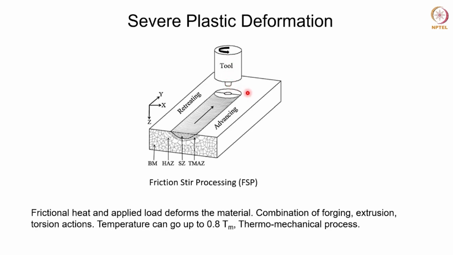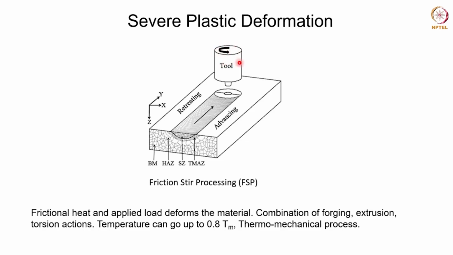So what is done over here is that this pin of the tool is actually plunged into the workpiece, and then a load is also applied simultaneously. A vertical load is applied simultaneously, and the tool is rotated at high speed.